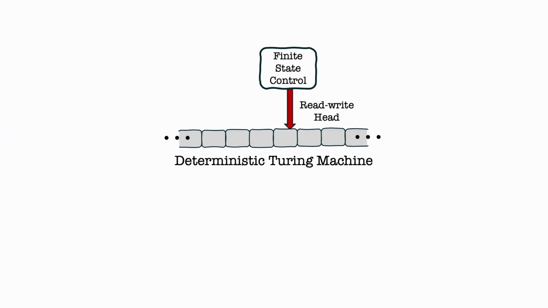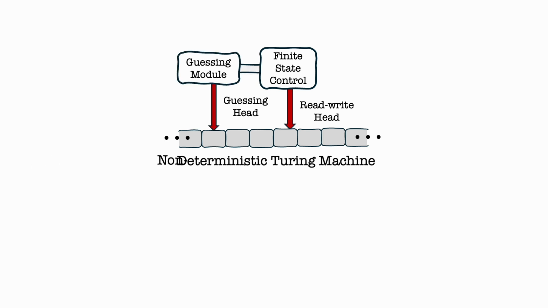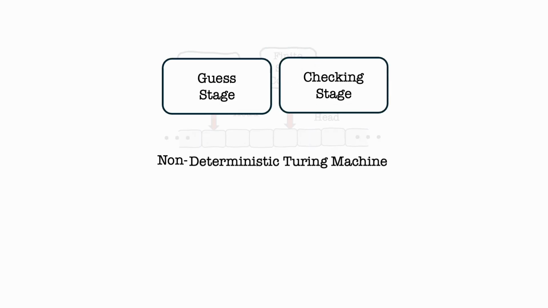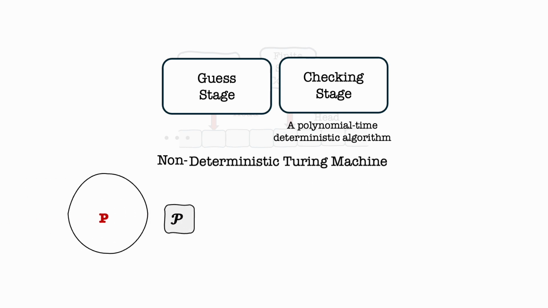I hope you remember that we associate a guess module with a deterministic Turing machine to make it a non-deterministic Turing machine. After guessing a solution in the guessing stage, the algorithm proceeds to the checking stage, which runs as a deterministic polynomial time algorithm. Now, suppose we have a problem P that belongs to class P, meaning there exists a deterministic polynomial time algorithm A that solves it.